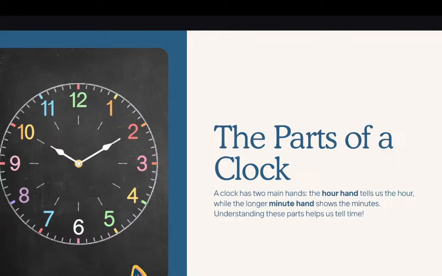The second hand will focus on the minute, the longer hand. For example, let's say the minute hand points to 2 in this case. That means 10 minutes. When it points to 3, that means 15 minutes. 4, 20 minutes. And then 5, 25 minutes.